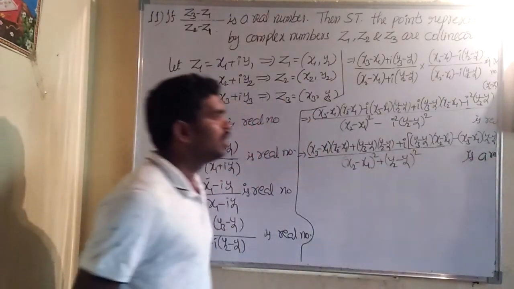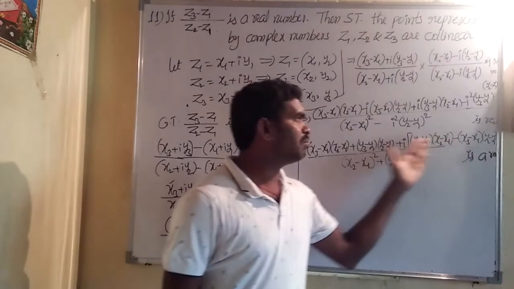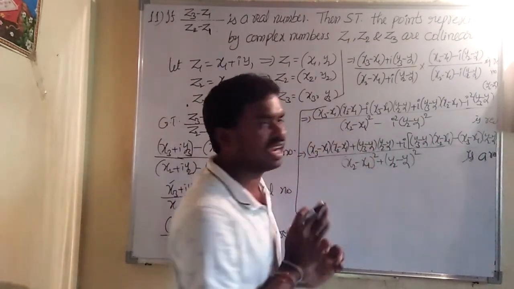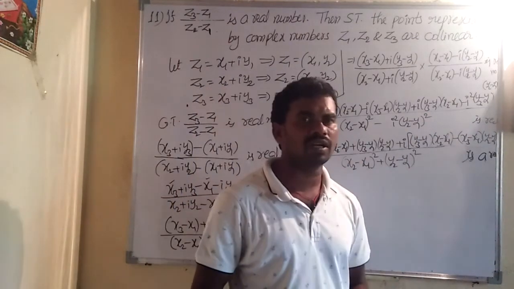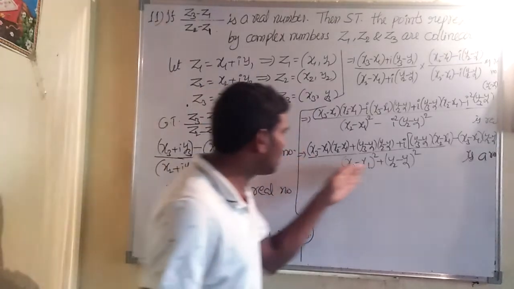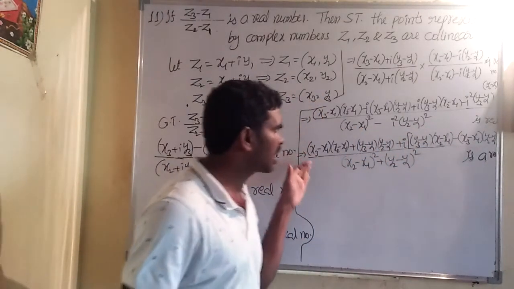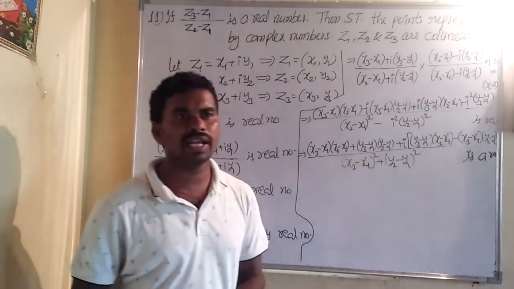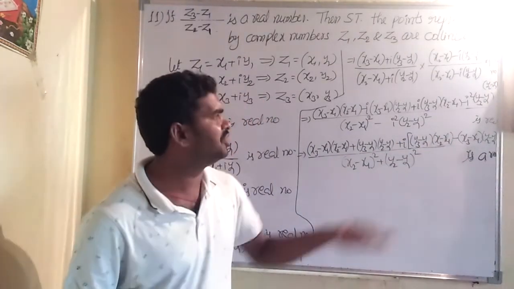It is a real number, meaning what? In this, the real part is valid. What about the imaginary part? The imaginary part should be 0. If the term becomes a real number, the imaginary part must be 0.